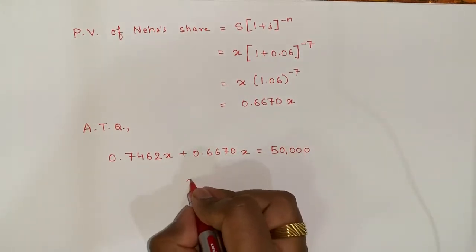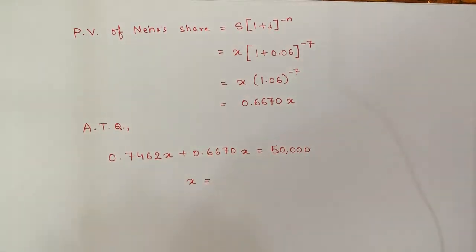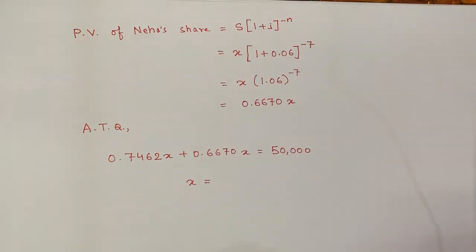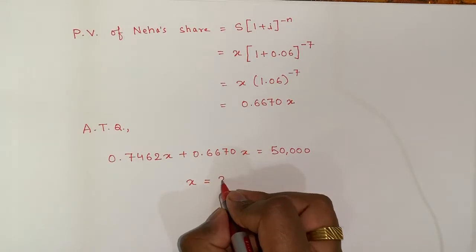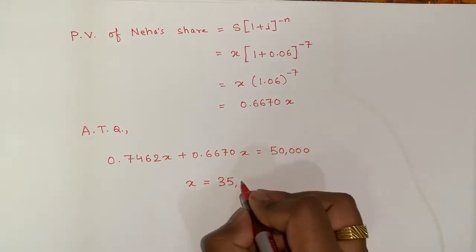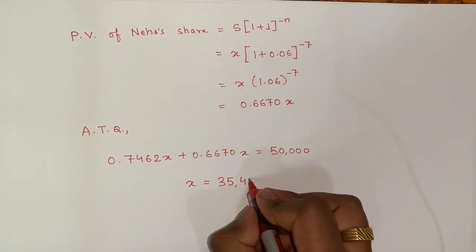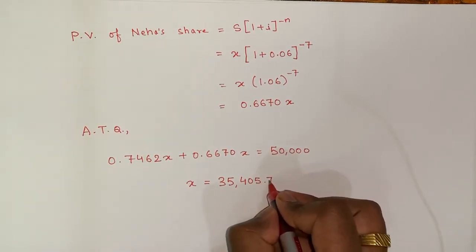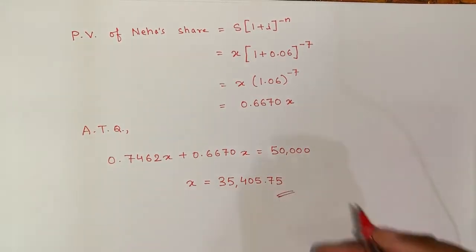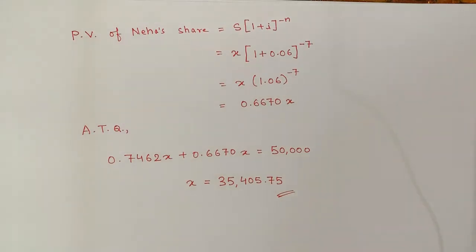Now we solve for the value of x and we get the value of x equal to 35,405.75. So both the sisters, that is Neha and Divya, will be getting 35,405.75 after 7 years and 5 years respectively.